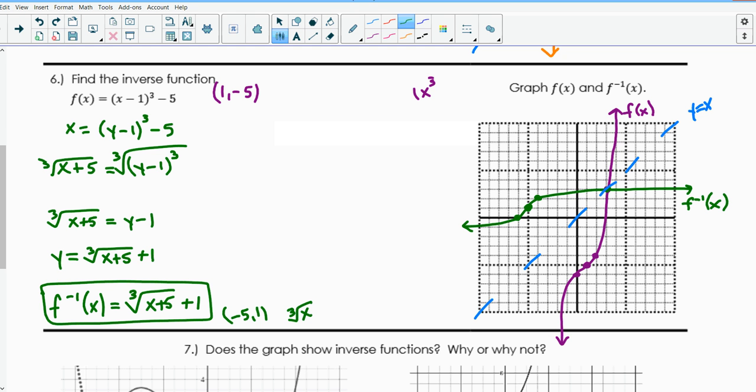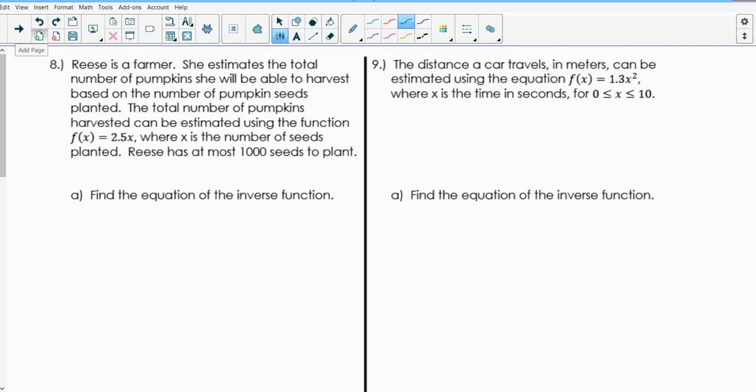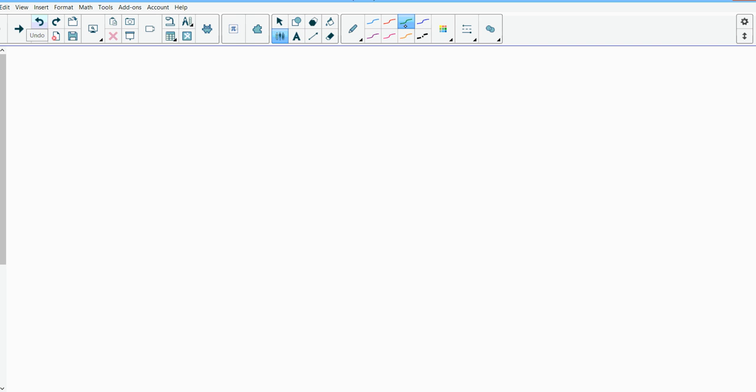Okay. All right. On the back of your notes, you should have a blank sheet. So I wanted you to write this down right away. So think about this. We started with a linear function. Let's write this down. So our f of x, and then our inverse.